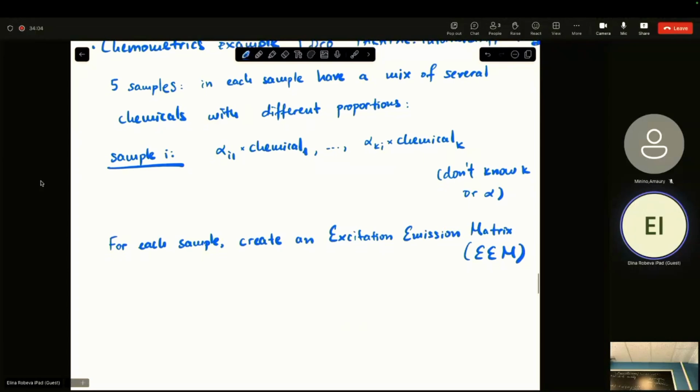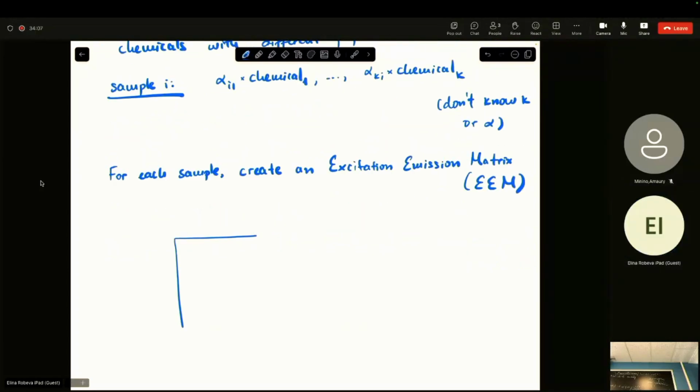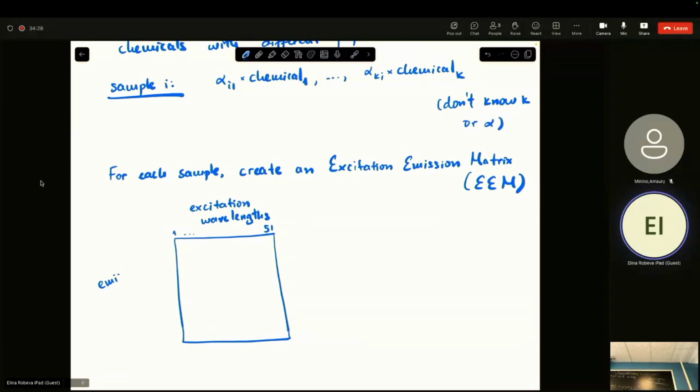And what does it look like? So there are excitation wavelengths from 1 up through, in this case they had 51, and emission wavelengths, in this case up through 201. And so this is matrix MI.